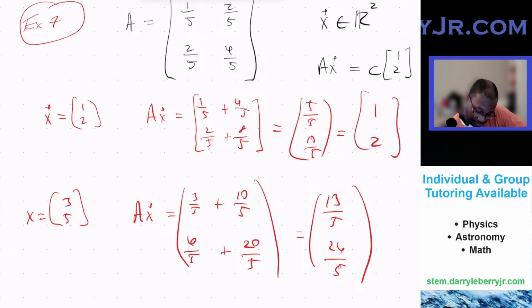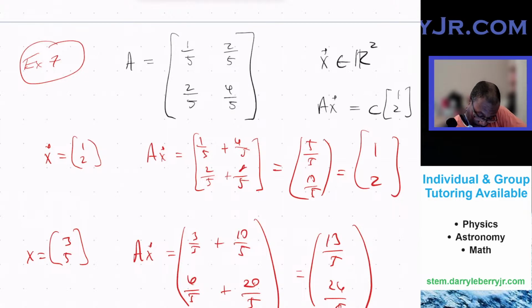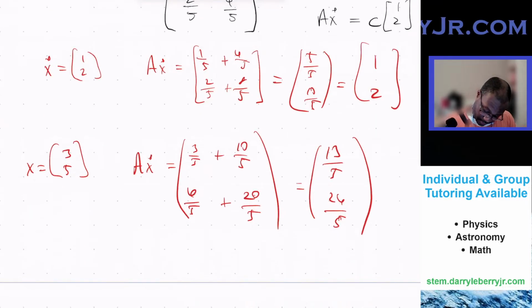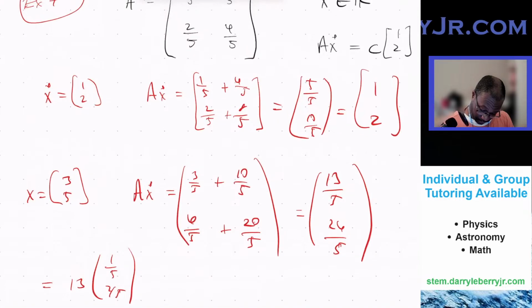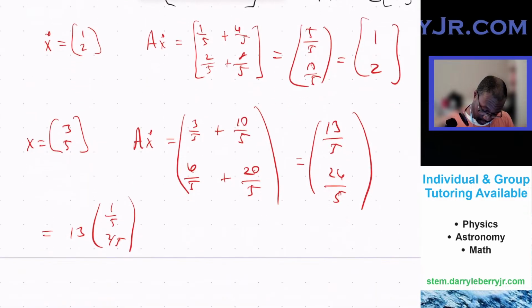Did I multiply that correctly? Doing it fast. So that equals 13 times 1/5 and 2/5, so that equals 13/5 times 1, 2. Yep, it is a scalar multiple of 1, 2.